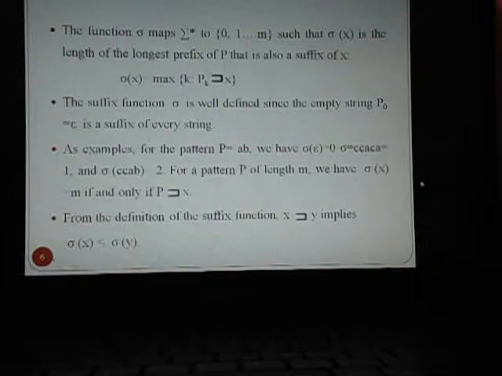As an example, for the pattern P equal to ABABACA, we have sigma of epsilon equal to 0.